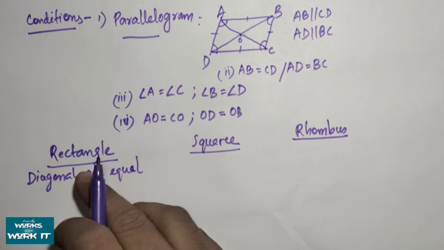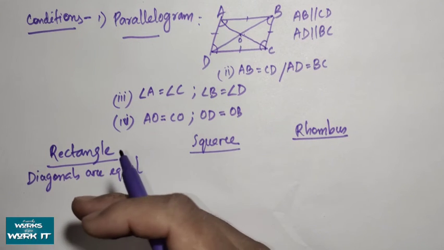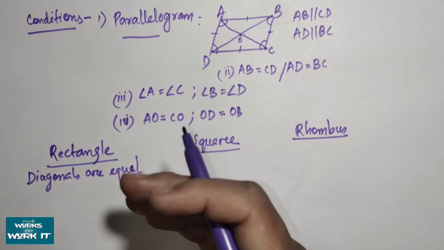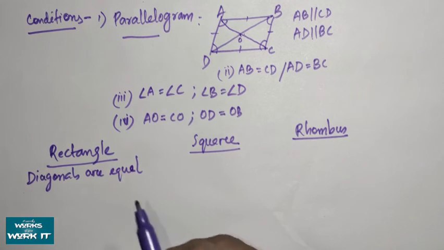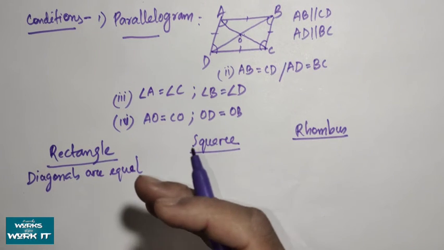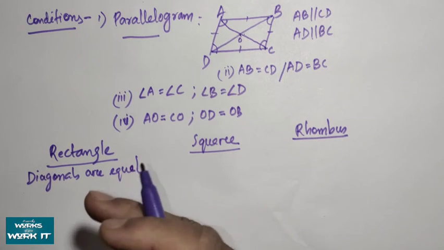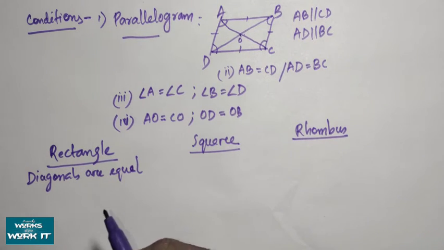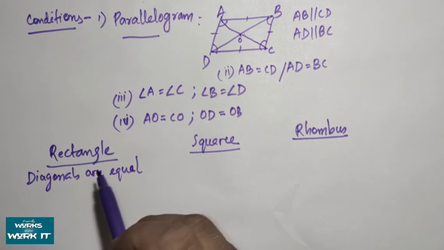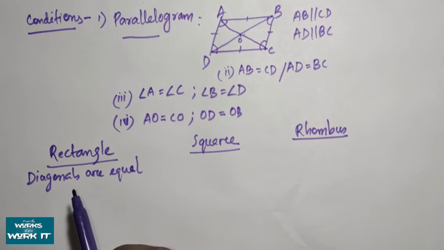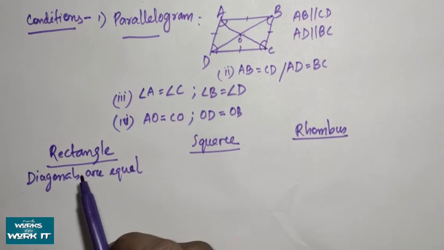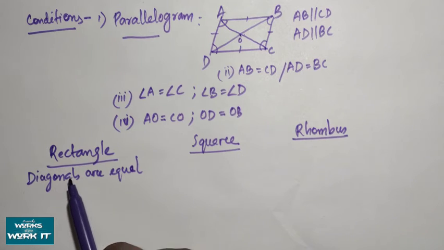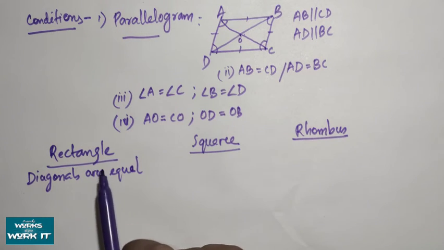Whatever other conditions I have told, you can go to the definitions we discussed just earlier in this video. I will not repeat them because our video will become too long. So just see the definitions by reversing the video. The new thing here is that diagonals are equal in a rectangle.